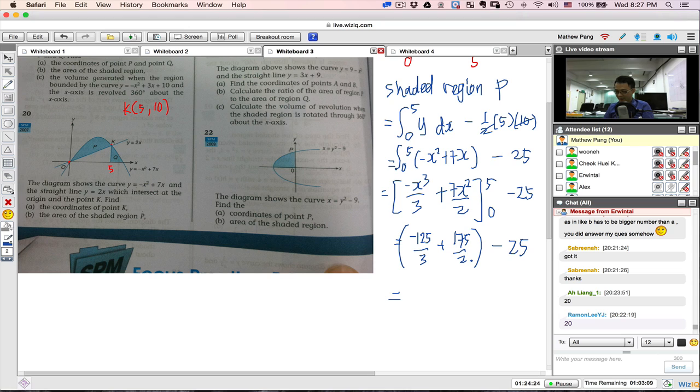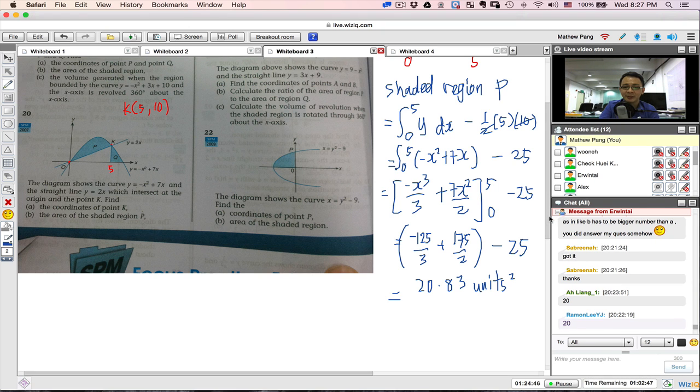And then minus 25. Yeah, I think I will got 20.83. If you want to write the unit, just write unit square, because it doesn't give you any more information. Alright. So far can understand or not? You know why I want to minus the 25?